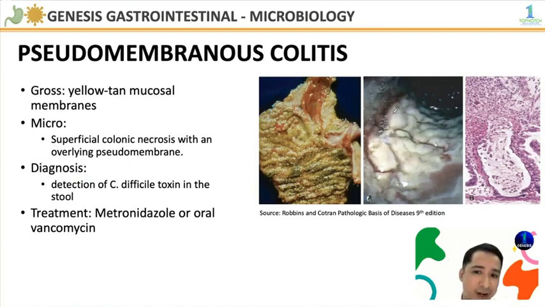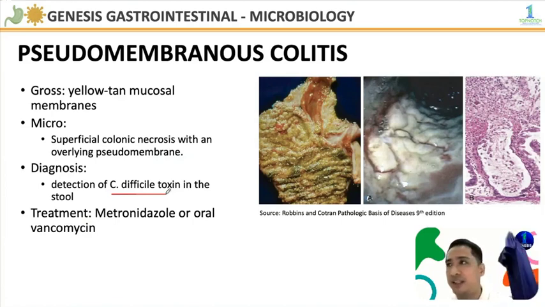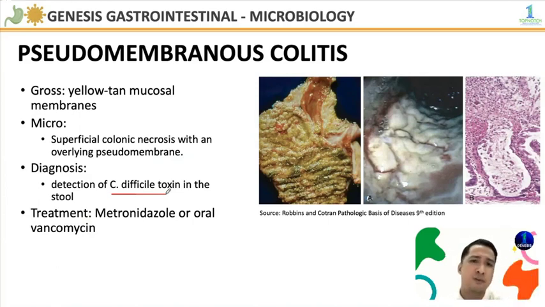You will see here superficial colonies with underlying pseudomembranes. And again, how to diagnose pseudomembranous colitis? Of course, the best is to detect the toxin in stool. The drug of choice is metronidazole and oral vancomycin. You want to preserve oral vancomycin for more life-threatening situations, so you start first with metronidazole.